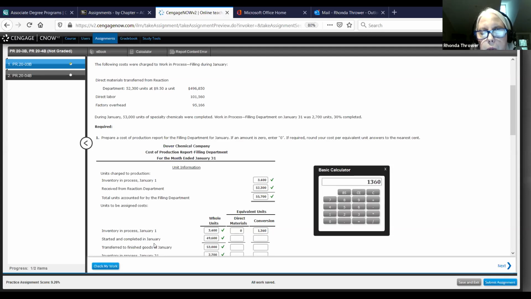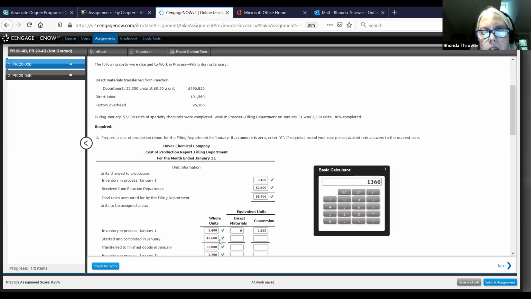Of your started and completed units, I want you to think about what this says that you did. Your whole units was 49,600. You both started those units and you finished them in January.